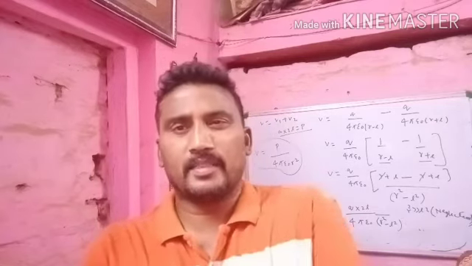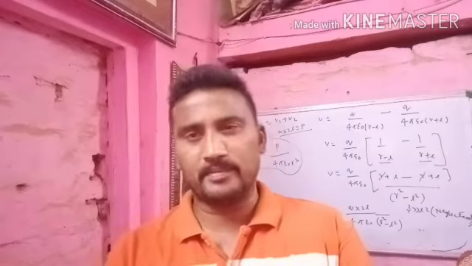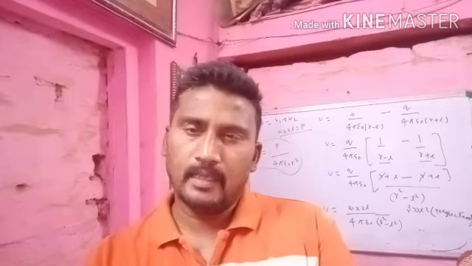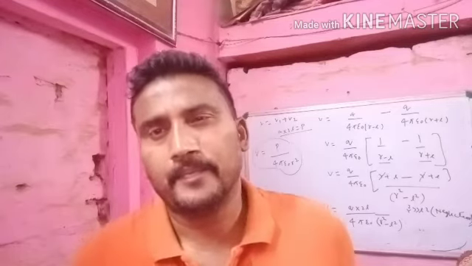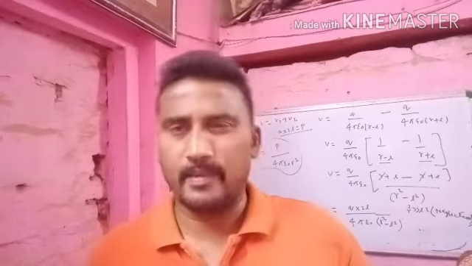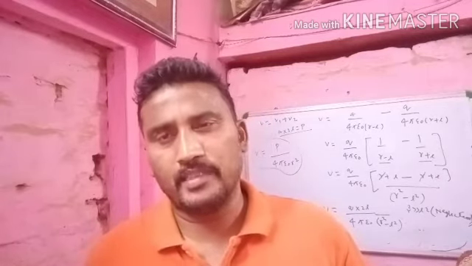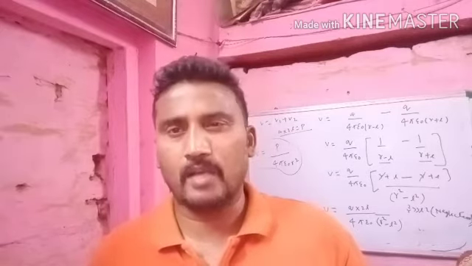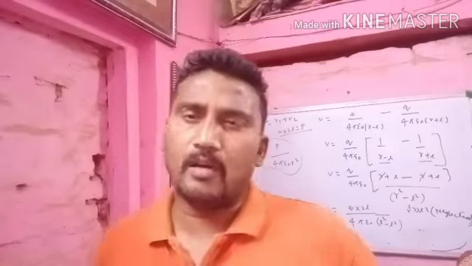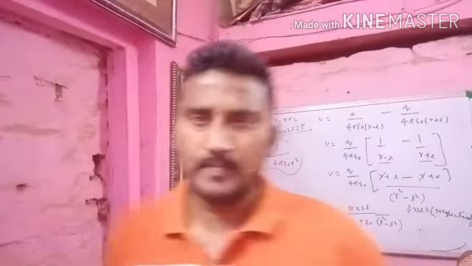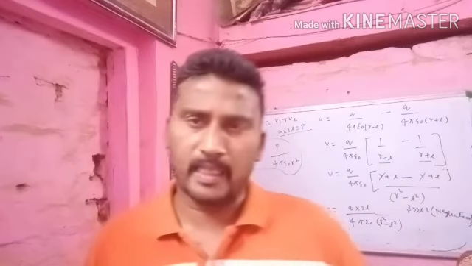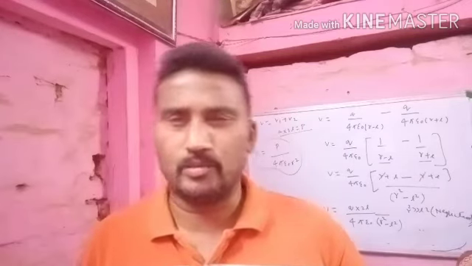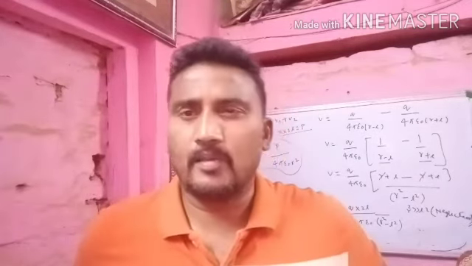Therefore, for the total potential developed, we take q upon 4 pi epsilon naught common, times 1 upon r minus L minus 1 by r plus L, and take the LCM of r minus L and r plus L, and observe that V is equal to q into 2L upon 4 pi epsilon naught into r square minus L square. If r square is much greater than L square, then L square is neglected, and the relation becomes V equal to q into 2L upon 4 pi epsilon naught r square.